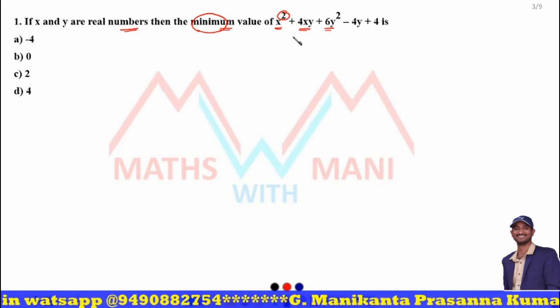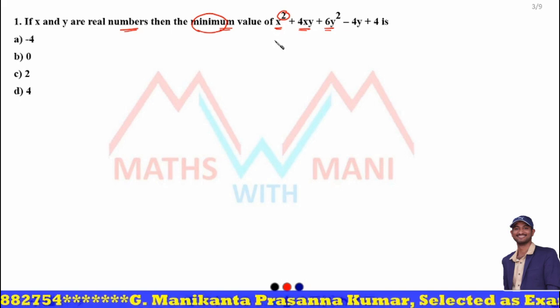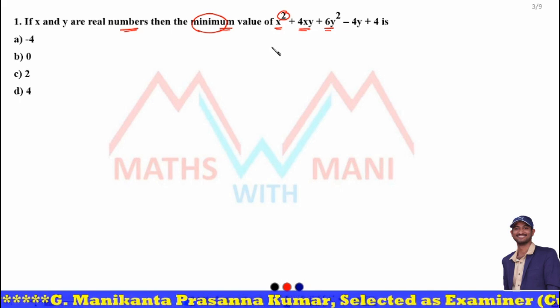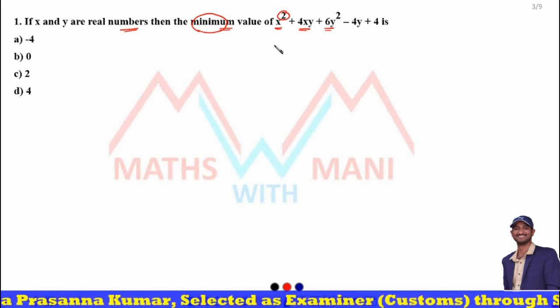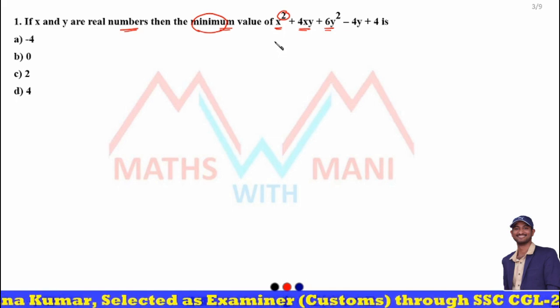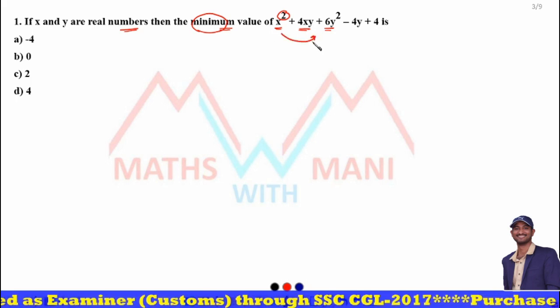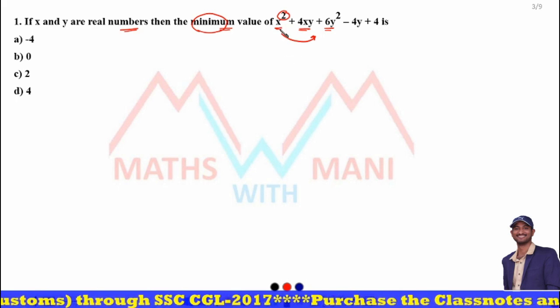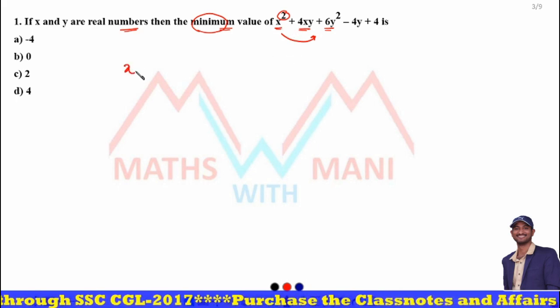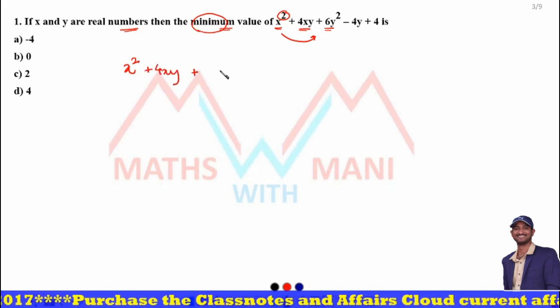But here you have two variables x and y. Then how can you solve this? Whenever these type of models come in the main exam, you have to write the two variables in a single square expression. Suppose I write x square plus 4xy plus 4y square.